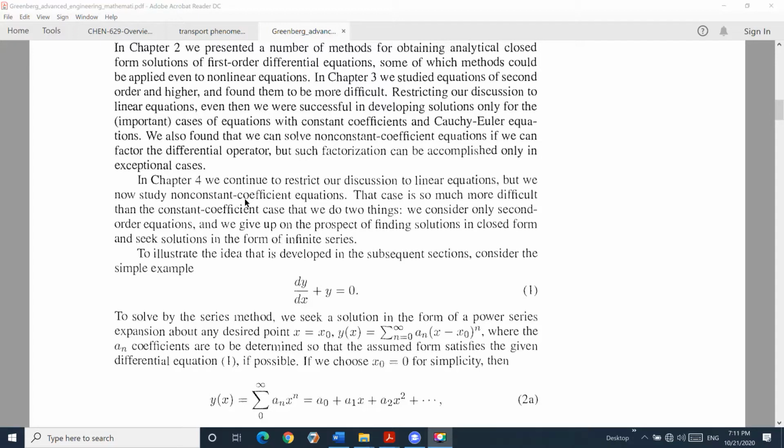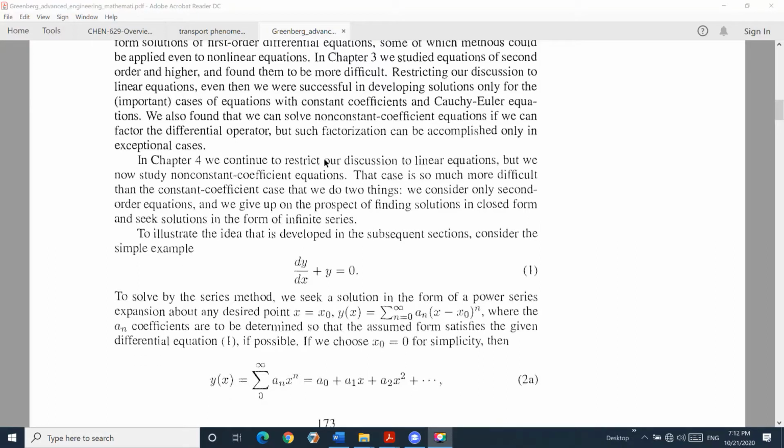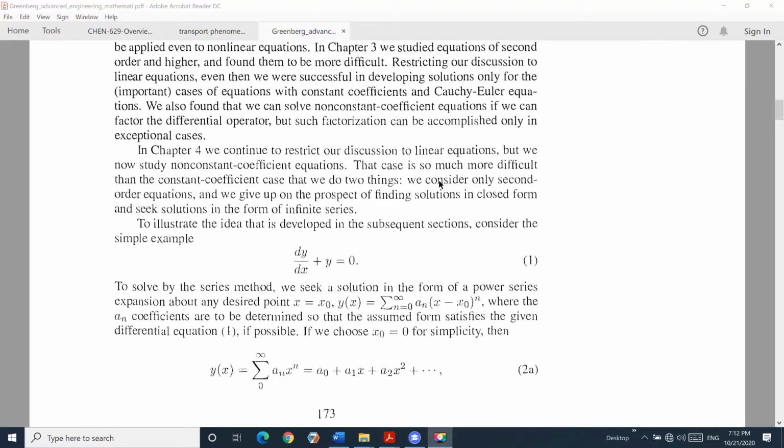This case, with respect to constant coefficient homogeneous and constant coefficient non-homogeneous, non-constant coefficient equations is the third case in the solution of higher order differential equations, and it is much more difficult than the constant coefficient case. Here, the book considers only second order equations and gives up the prospect of finding solutions in closed form and seeks the solution from the infinite series.